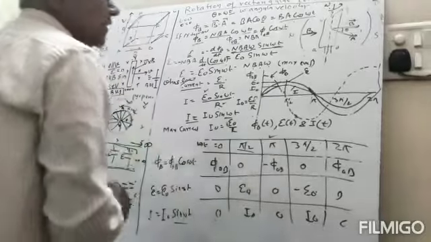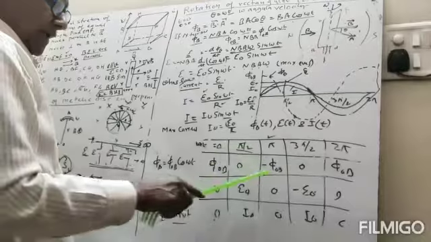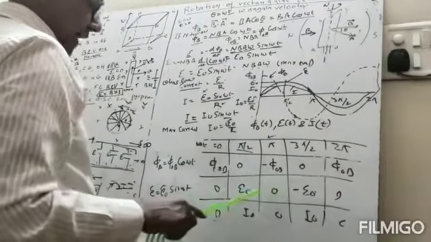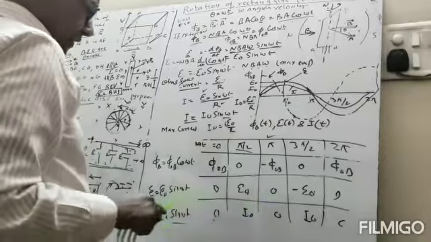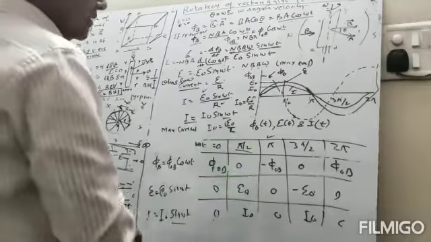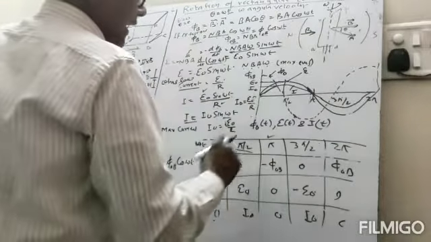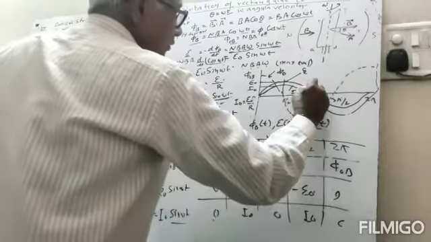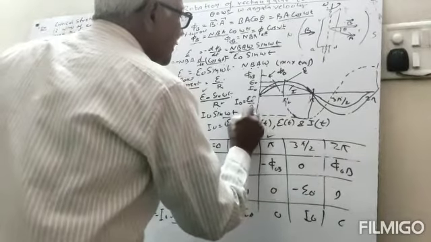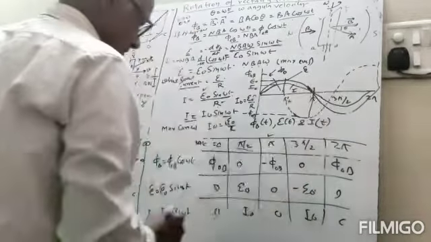Then when it is pi, when it is rotated by 180 degrees, then cos pi is equal to minus 1. So flux will be equal to minus phi 0B, and sin pi is 0, so E and I are equal to 0. So at this point, when it is equal to pi, the flux will be equal to minus phi 0B, and current and EMF are 0.